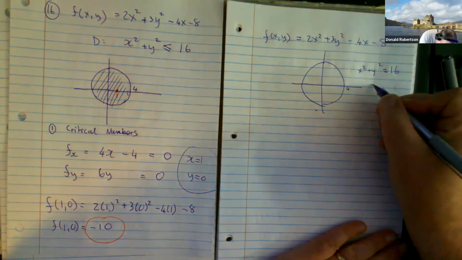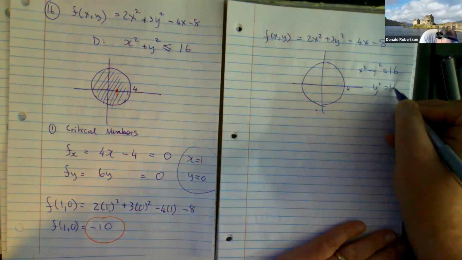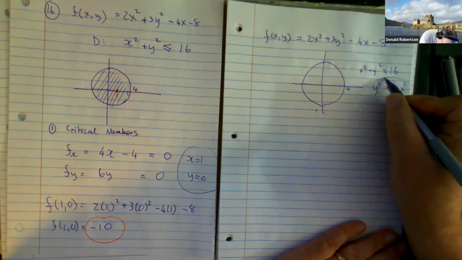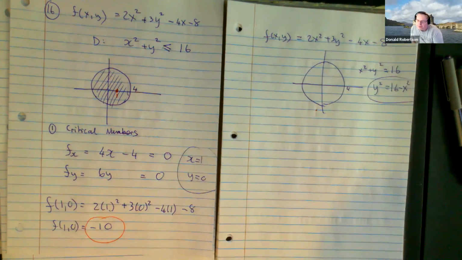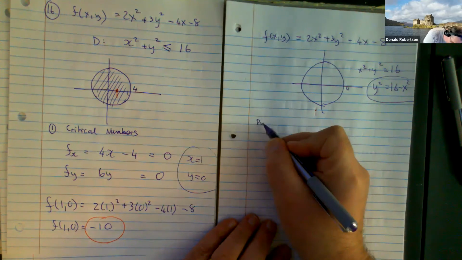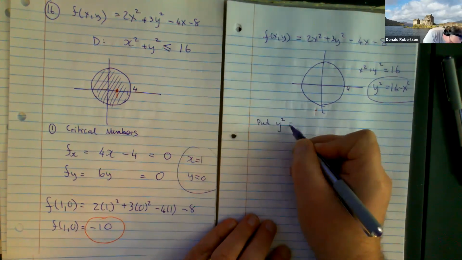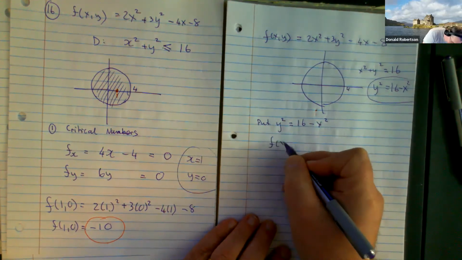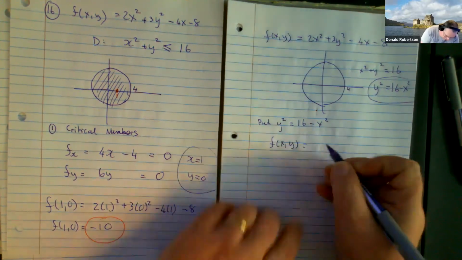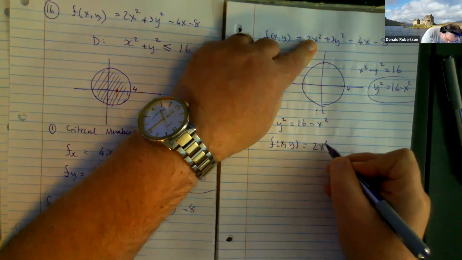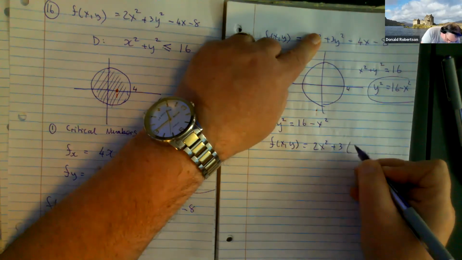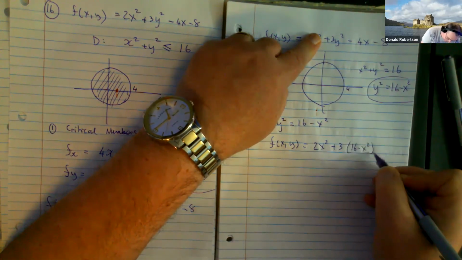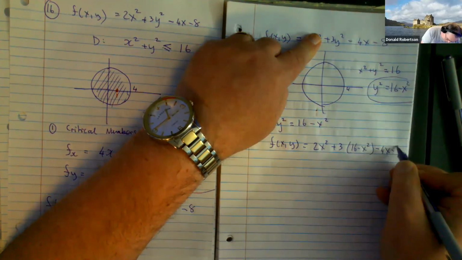If I rearrange this and say that y squared can be called this, are you comfortable about why that is a good rearrangement? Because if I replace y squared with 16 take away x squared in this particular function, I will get 2x squared plus 3 lots of this, take away 4x, take away 8.